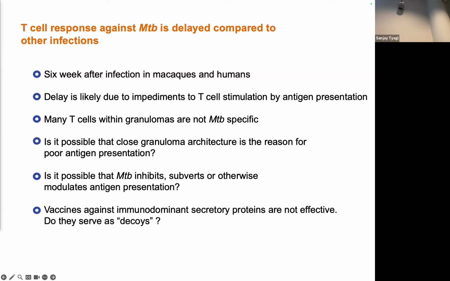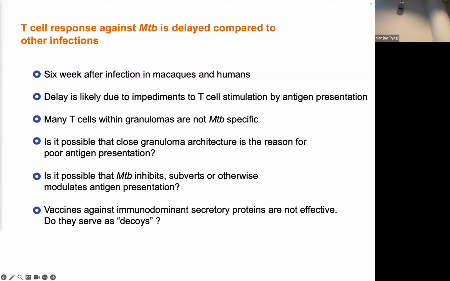And there's this sort of weird idea that I've seen in the reviews. Marilla would understand this, that the most dominant antigens against TB are those that are secreted by bacteria. And yet, if you try to vaccinate animals with those antigens, they yield very poor response.